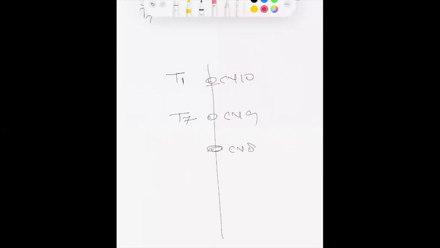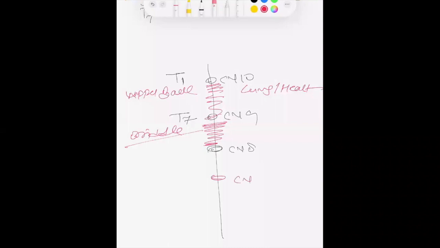So if we treat this area, we can even treat lungs and heart, and upper back pain. In the same way, between CV9 to CV8, we can treat middle. And if we treat between CV8 to CV7, we can treat lower thoracic areas. So this is a very good activation and stimulation of the thoracic spine.